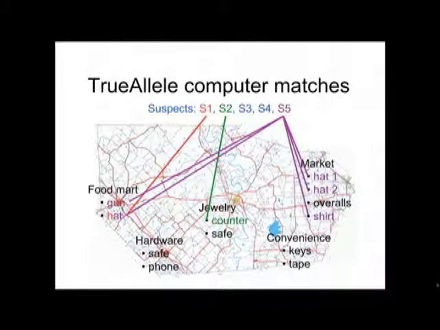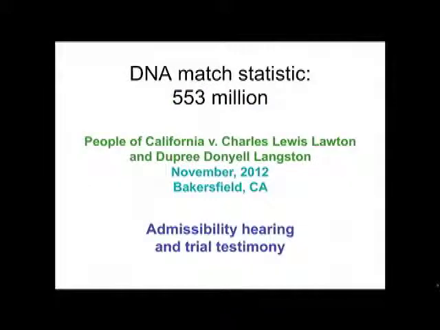The lines connecting the suspects and the crime scenes show where matches were found. The values ranged from match statistics in the thousands up to the trillions, and we're going to particularly focus on the green line between the second suspect and a counter at a jewelry store.